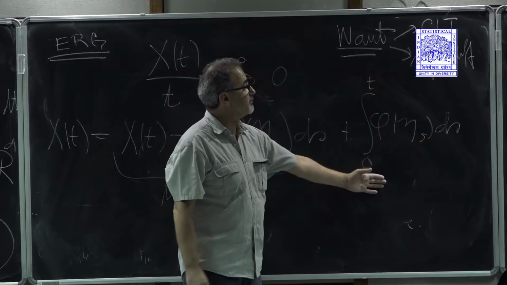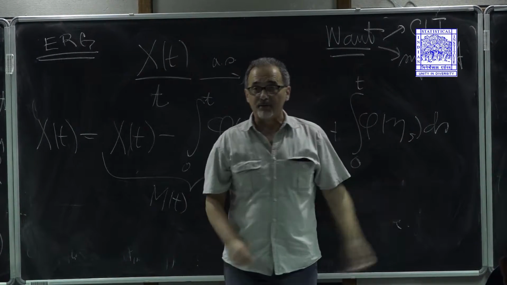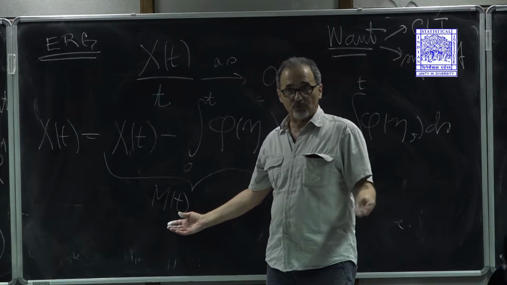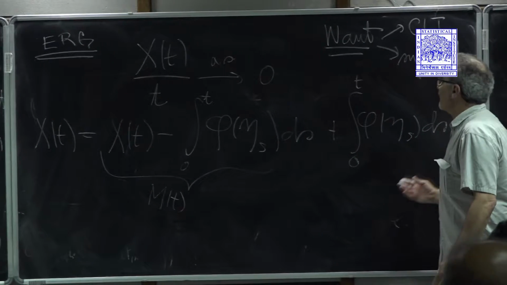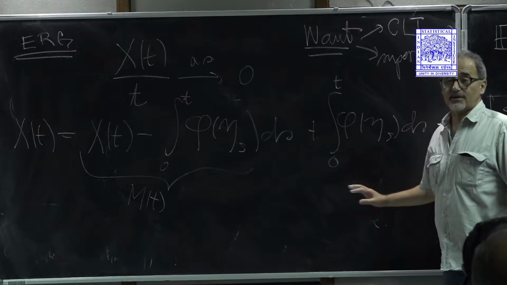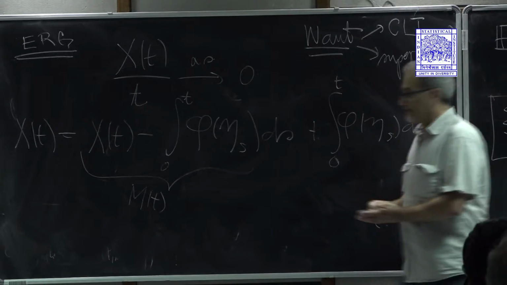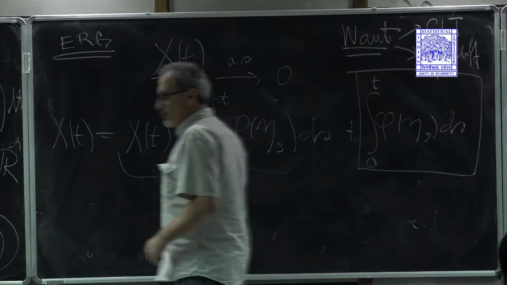So this is the interesting part. For the super diffusive problem, again, this is the interesting part, because the martingale is always diffusive, always square root of t. So if it's super diffusive, it is due to the fact that this other term is super diffusive. So this is the part we have to understand.